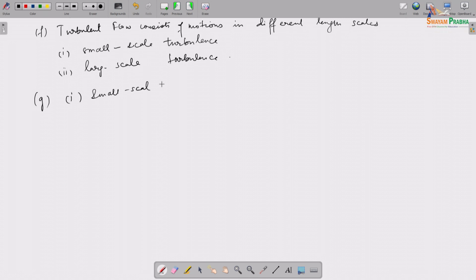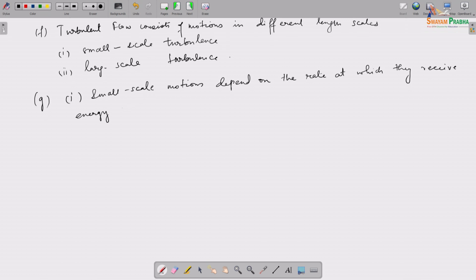So small scale motions depend on the rate at which they receive energy from the large scale motions.